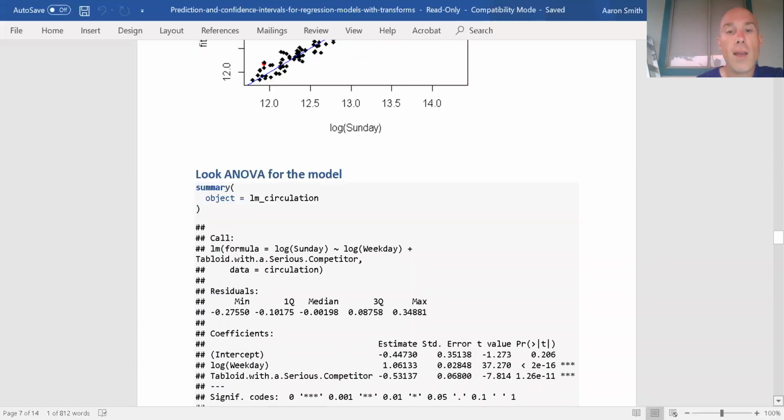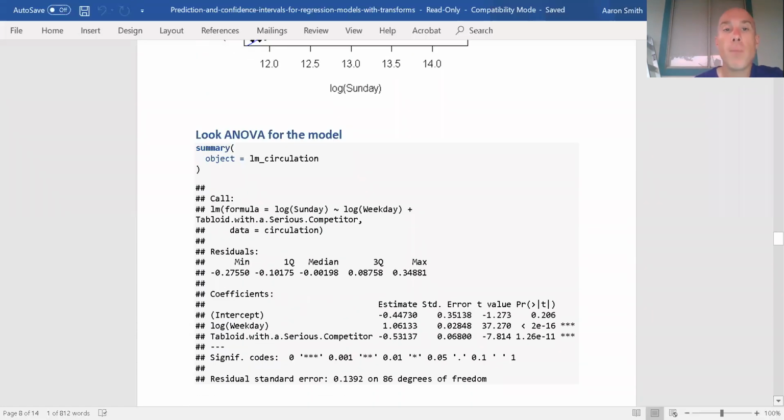So let's take a look at ANOVA. Remember, there are three types of ANOVA, and the summary function gives us one type. These are for the hypothesis test of asking if the coefficient is equal to 0. The intercept might be equal to 0, but usually we don't worry about the intercept when we do hypothesis testing in regression.